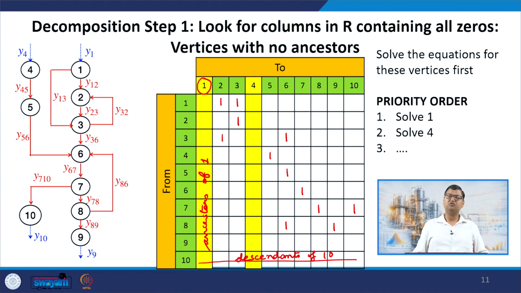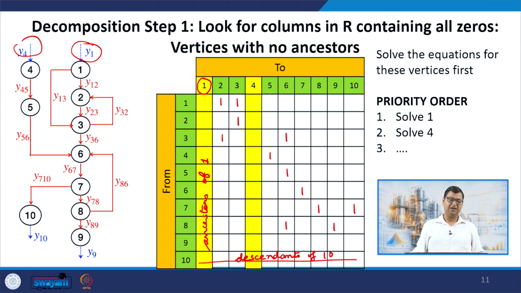So, we will first look for columns containing all zeros, which means these are the vertices without any ancestors; nothing comes before them, as is very much apparent here. For our matrix we are not considering these interfaces anyway. For 1 nothing comes before it, I cannot reach 1 from any other vertex.